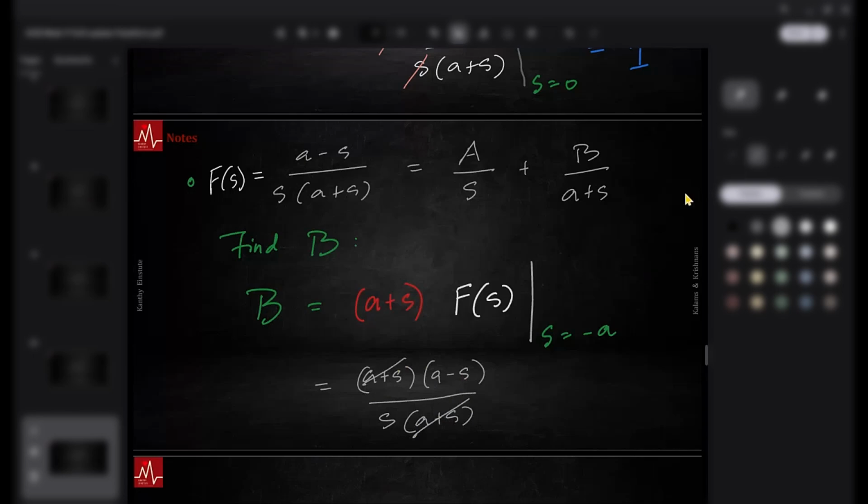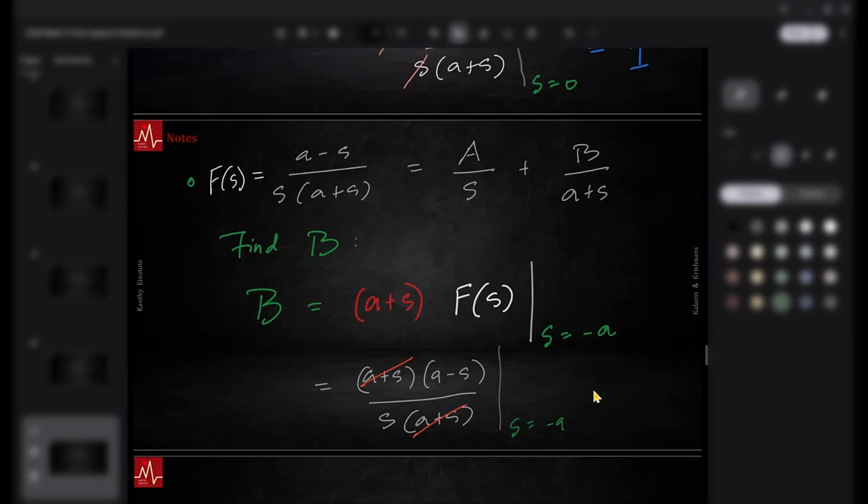Remove the singularity. Now evaluate that at S equals minus A. How much is this?